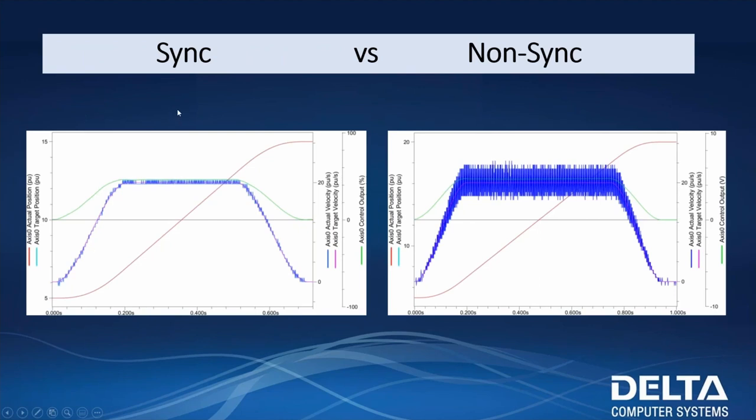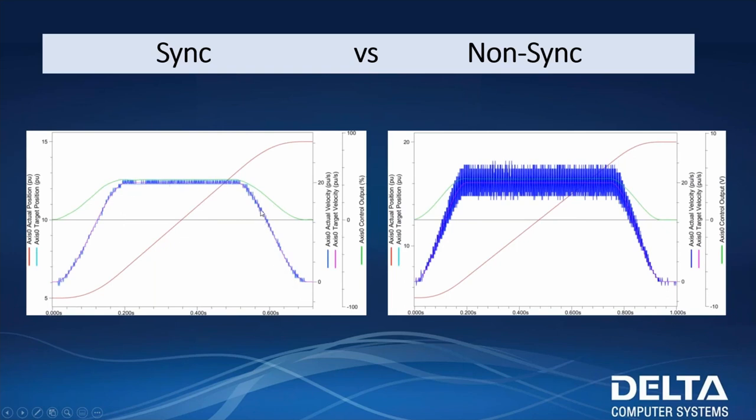So what's the difference between synchronous and non-synchronous? Well, I think it's best to just show an image here, and we'll dive into why these are looking different here. You can see on our left here, we've got an image of a synchronous plot. This red line here is my position, and this blue line here is my actual velocity.